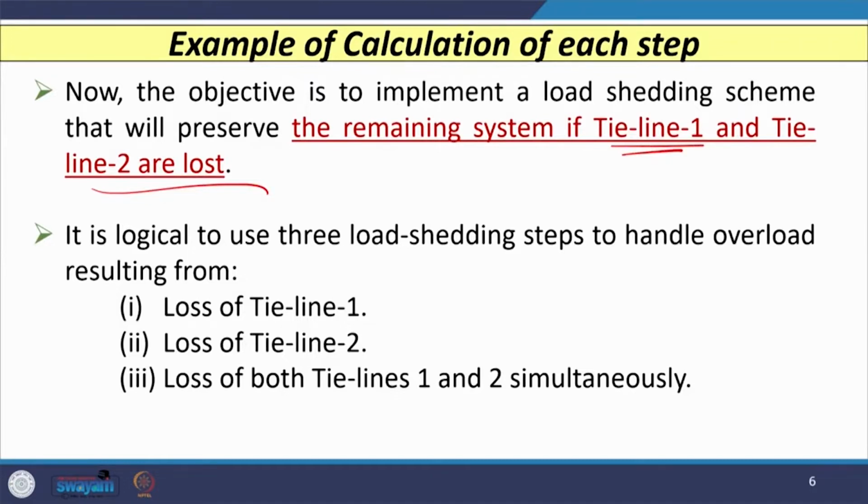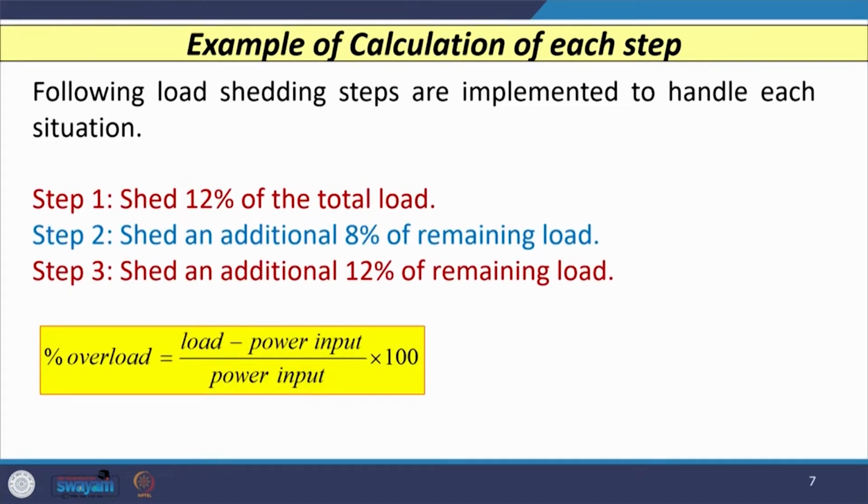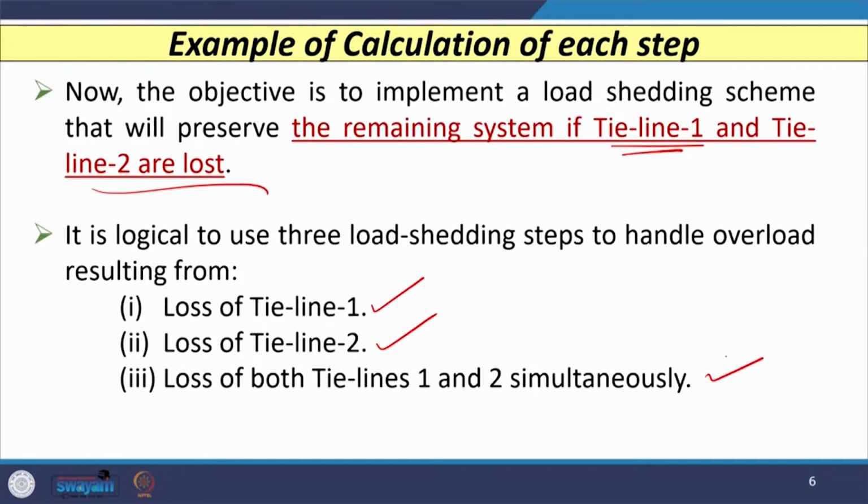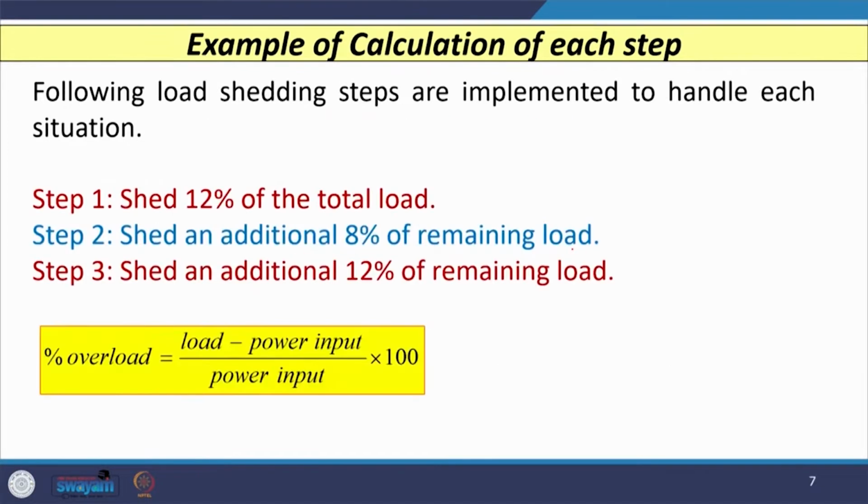In this case it is logical to normally use 3 load shedding steps to handle the overload resulting from either the loss of tie line 1, the second case would be the loss of tie line 2, and the third case would be the loss of both tie line 1 and tie line 2 simultaneously. Now, when we design the load shedding scheme, as we have seen, we will go for 3 load shedding steps. So, these steps should be implemented in the following situations.